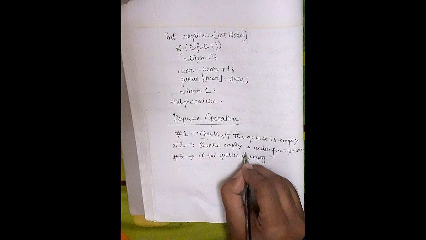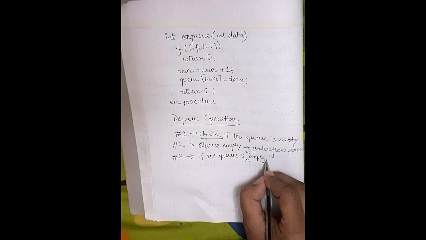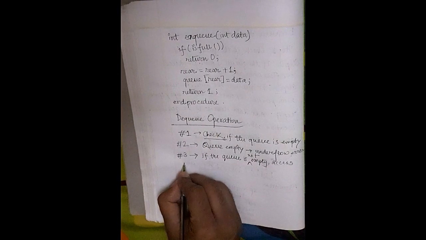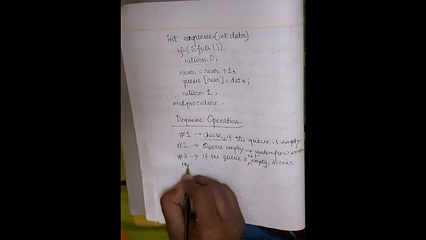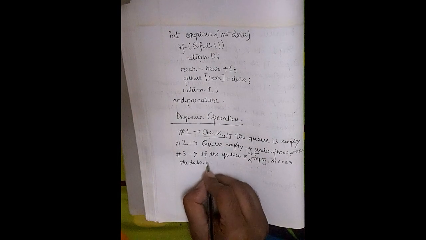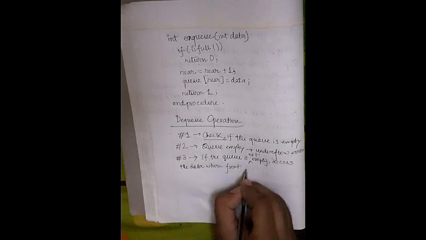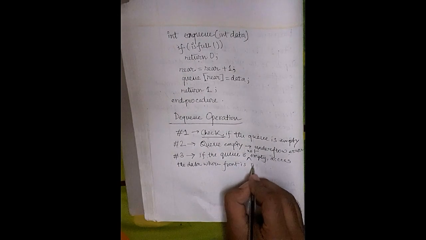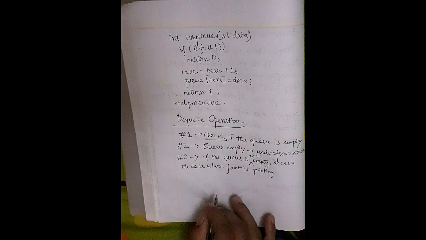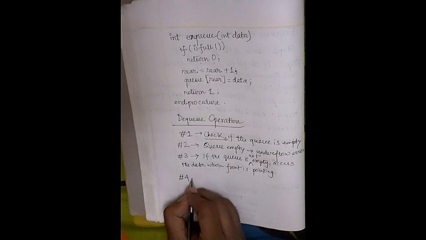It should be not empty, right? If the queue is not empty, access the data where front is pointing, right?